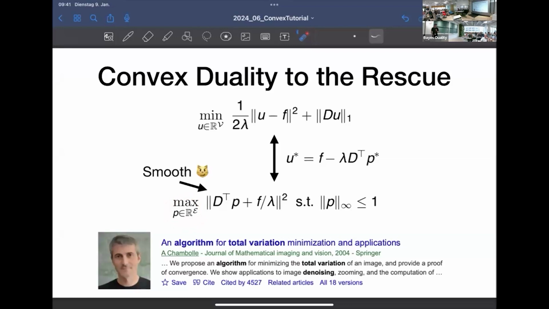Yeah, in some sense it's a loose way of, I mean, it's not directly, because you can transform the solution in one space to the other. If you have P star, you can get U star, but not the other way around. This only holds at the optimum.